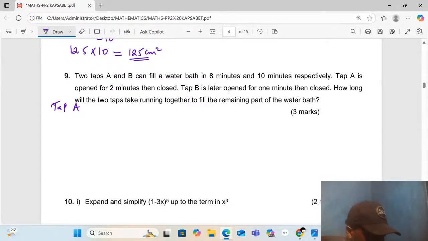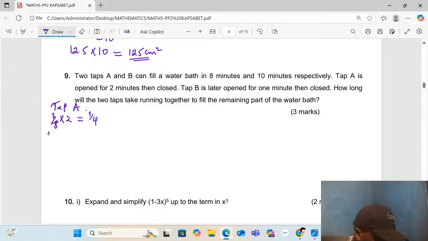Let's look at after 2 minutes. What was the fraction of the water that was filled in the water bath? So we have an eighth. In a minute, it fills 1/8. So we multiply by 2. It took only 2 minutes. So that means it had a quarter of it.